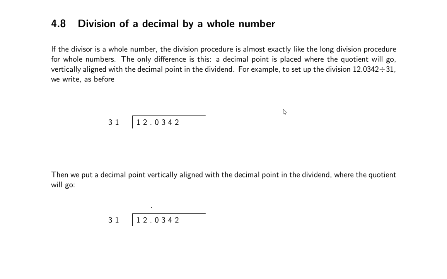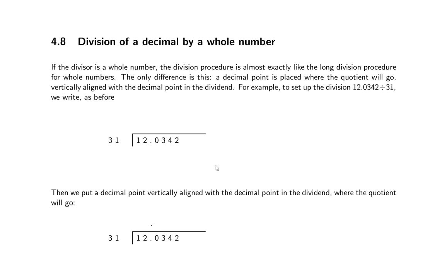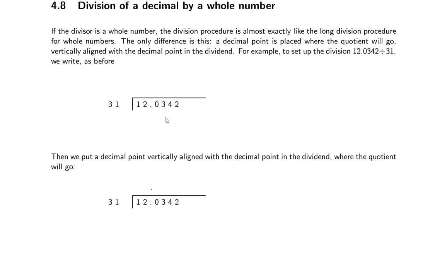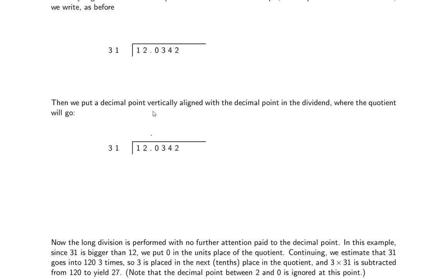In the book, there are some much harder examples. So this first example: 12.0342 divided by 31. This is the question, and it's the same way that we were looking at.